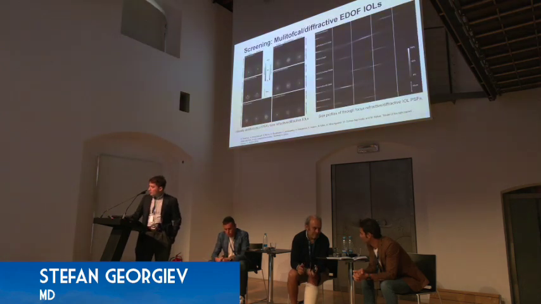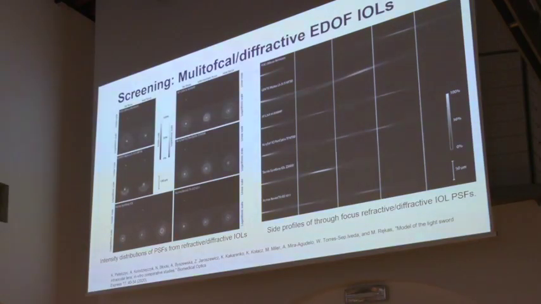Another aspect is of course screening for multifocal or diffractive EDOF IOL candidates, because these lenses essentially all redistribute light for different ranges of vision, which invariably goes along with reduced contrast sensitivity, right?